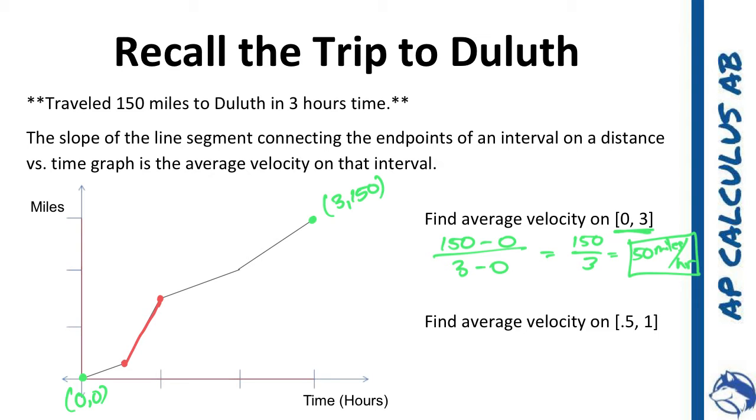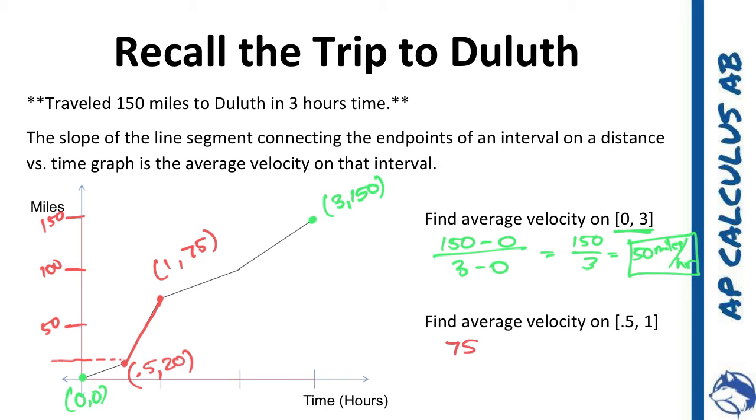It's not quite half here, but it's getting closer to half. We know that this is 50 miles, that's 100, this is 150. Let's say that this was around 20 miles, so at time 0.5, we were at 20 miles. And then up here, at time 1, it looks like we're at 75 miles.